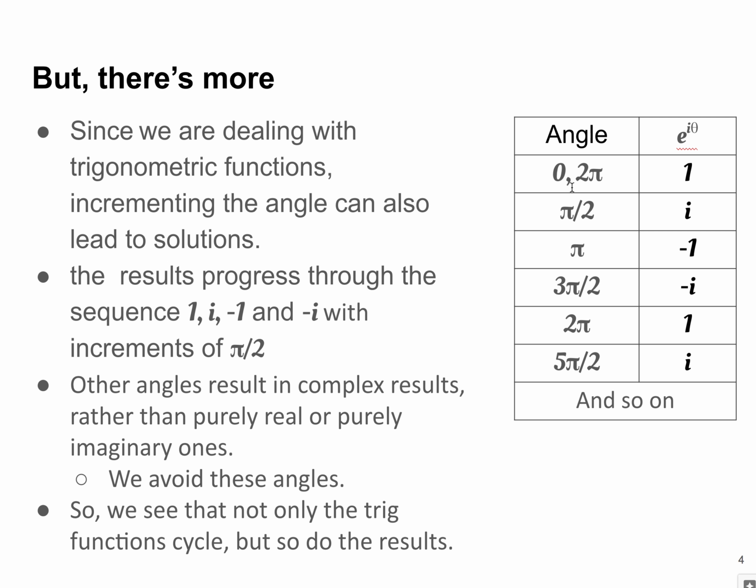E to the I times 2 pi is also equal to 1. And every increment here, the increments of 2 pi, we could have done this n times 2 pi for any integer value of n. You keep getting 1 here.